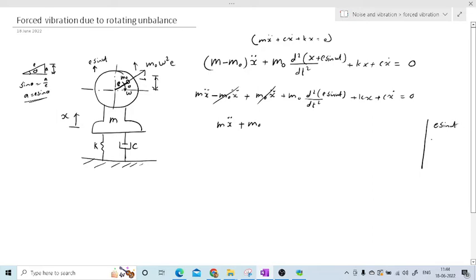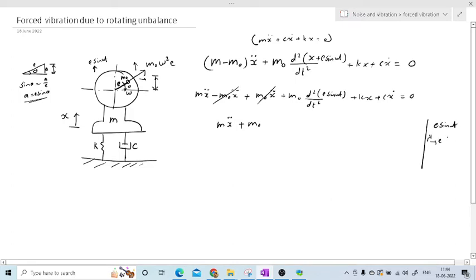The first differentiation: E is constant, differentiation of sin is cos omega t, and differentiation of omega t is omega. And the second differentiation: E is constant, omega is constant, differentiation of cos is minus sin omega t, and for omega t it is again omega.